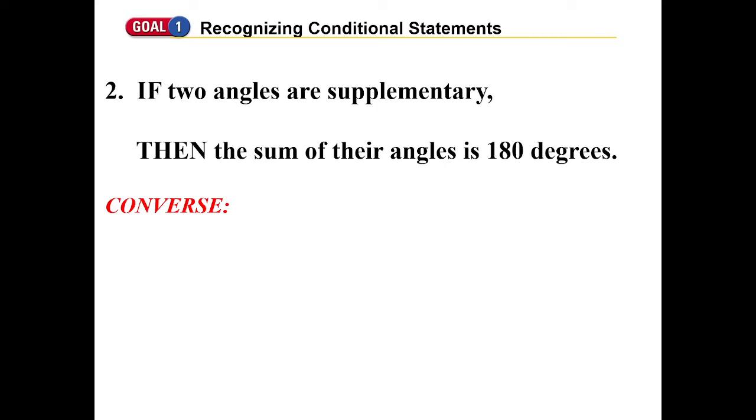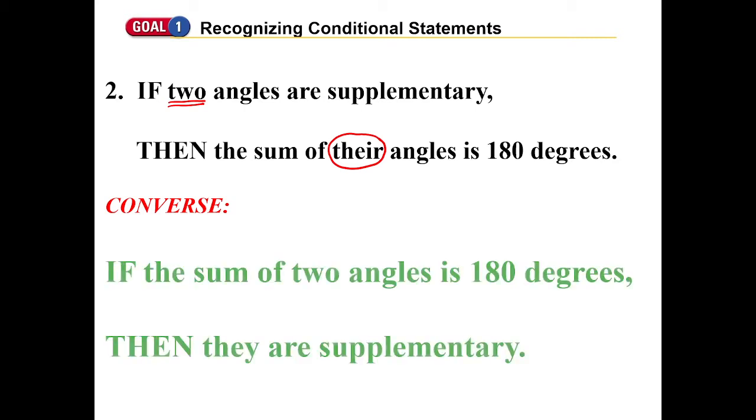Go. Okay, now this one has the word 'there'. What does this 'there' mean? Where does this 'there' refer to? To the two angles, right? So, okay, let us take a look at that. If the sum of two angles, because this 'there' refers to the two angles.